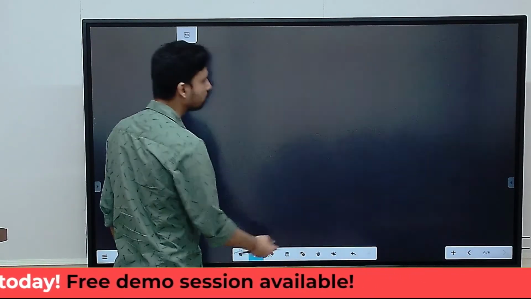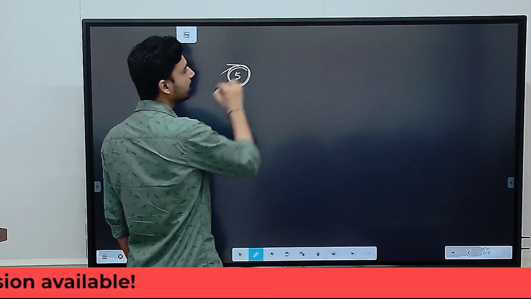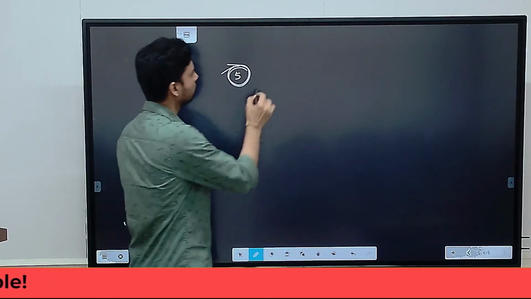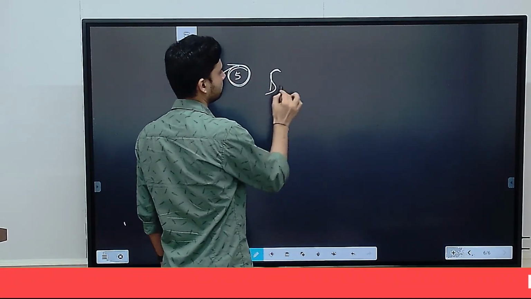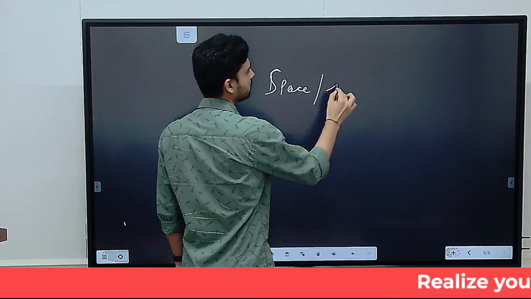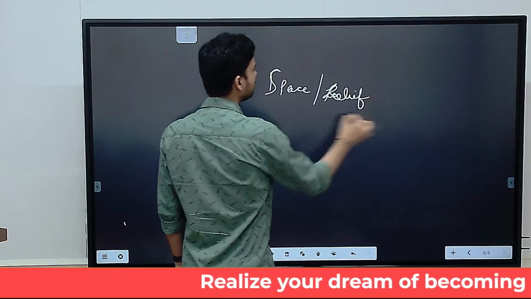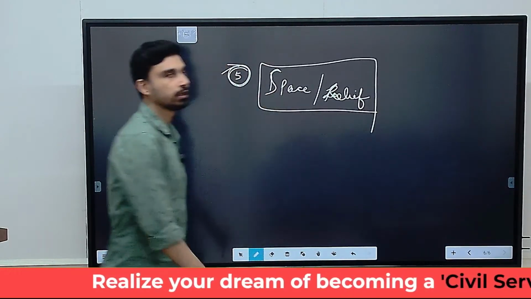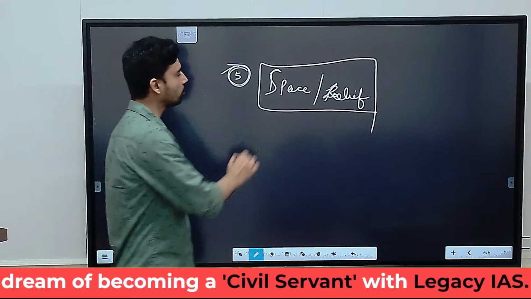Similarly, if you talk about the fifth factor, it is something that we can call space, or we can also write it as relief. What kind of space, what kind of relief do we have where the industries are going to be set up?